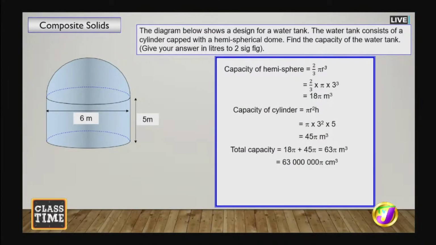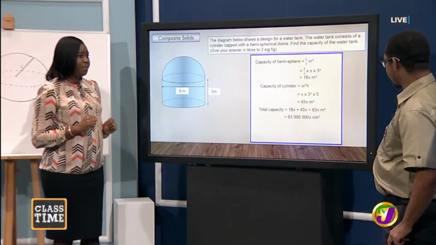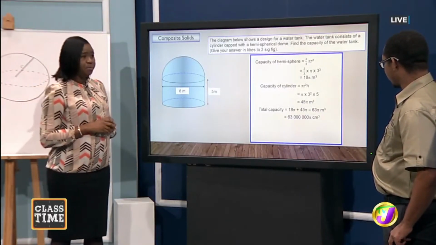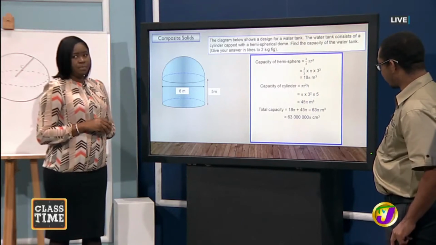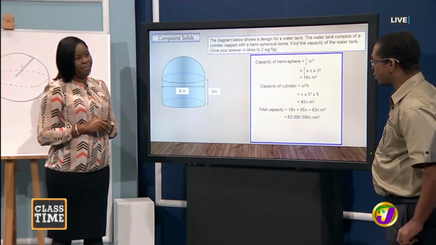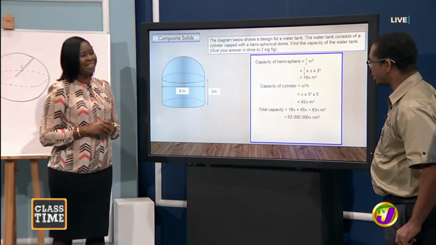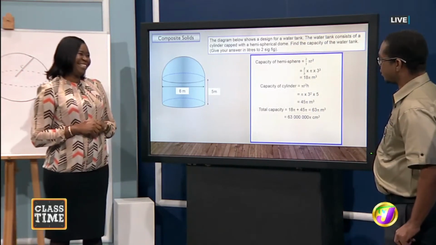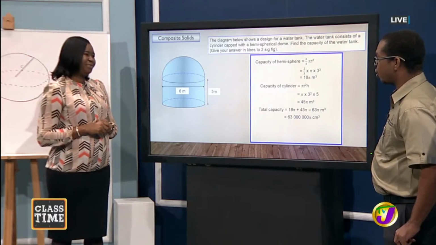Awesome. So it's now in cubic centimeters, and we are to give it in liters. So we're not there yet. We can also recall, based on our knowledge of liters, when we had discussed it in primary school, that 1,000 cubic centimeters gives us 1 liter.